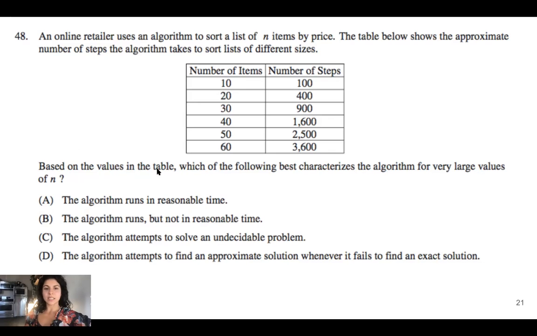Based on the values in the table, which of the following best characterizes the algorithm for very large values of n? Take 1 minute, think through the solutions, the answers, and I'll tell you when you can press enter.